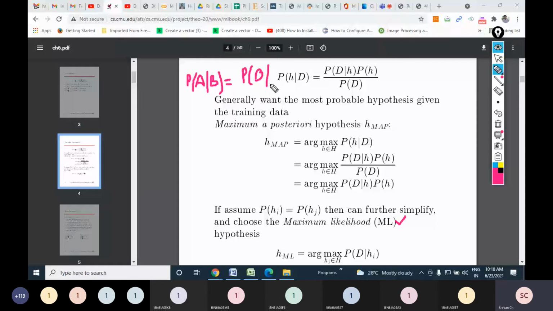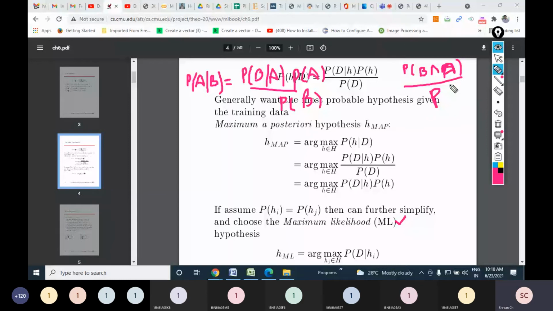divided by P of B. This can also be written as P of B intersection A divided by P of B, both are same.